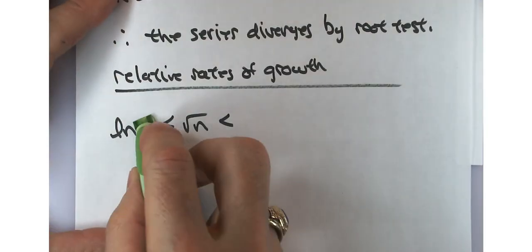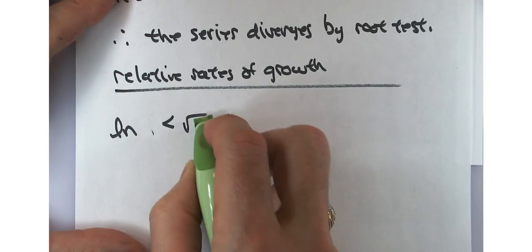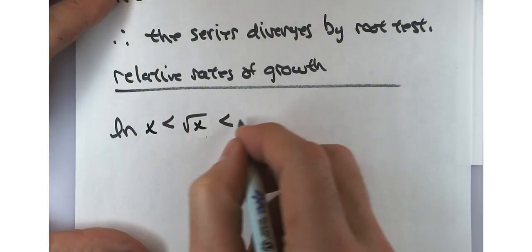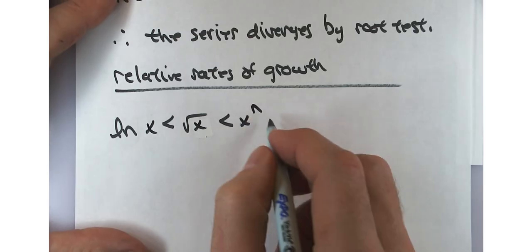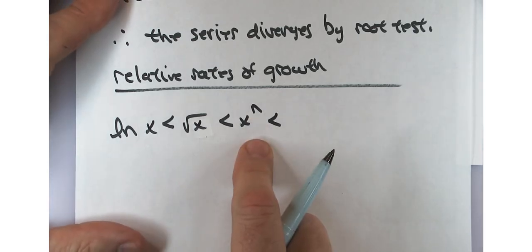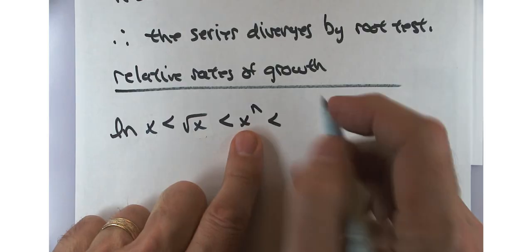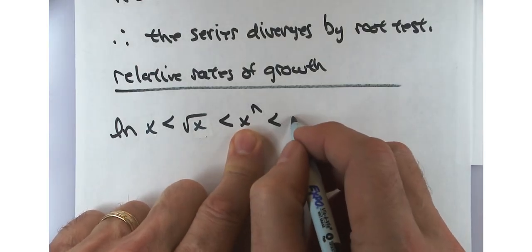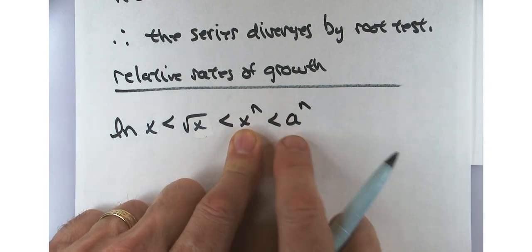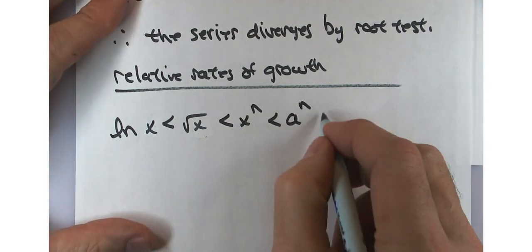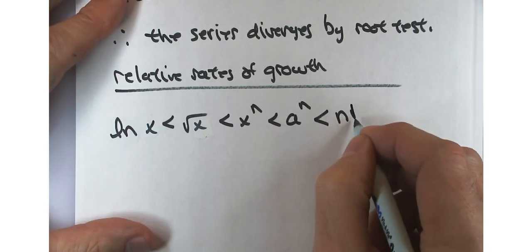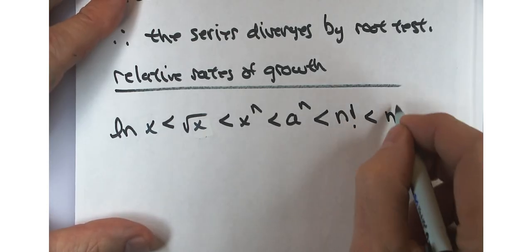Let me change this to an x. X to some power. And then after that, the next biggest thing would be a to some power. So exponentials. And then factorials. And then after that is n to the n.